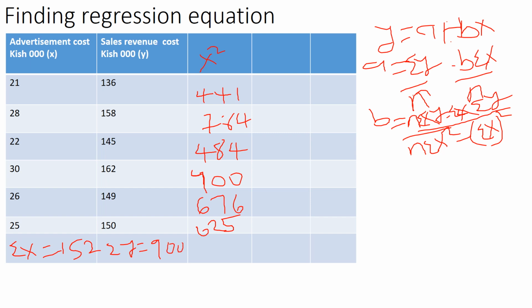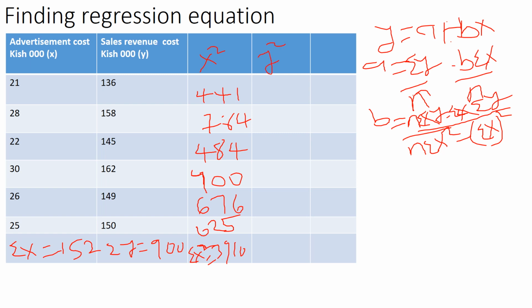Then the summation of x squared: if I add 441, 784, 484, 900, 676, and 625, I get 3910 here.